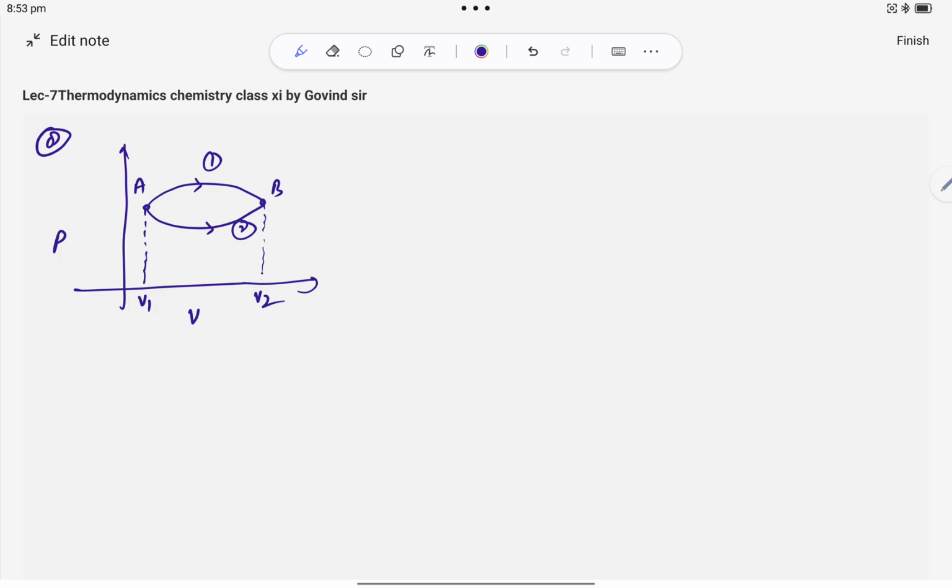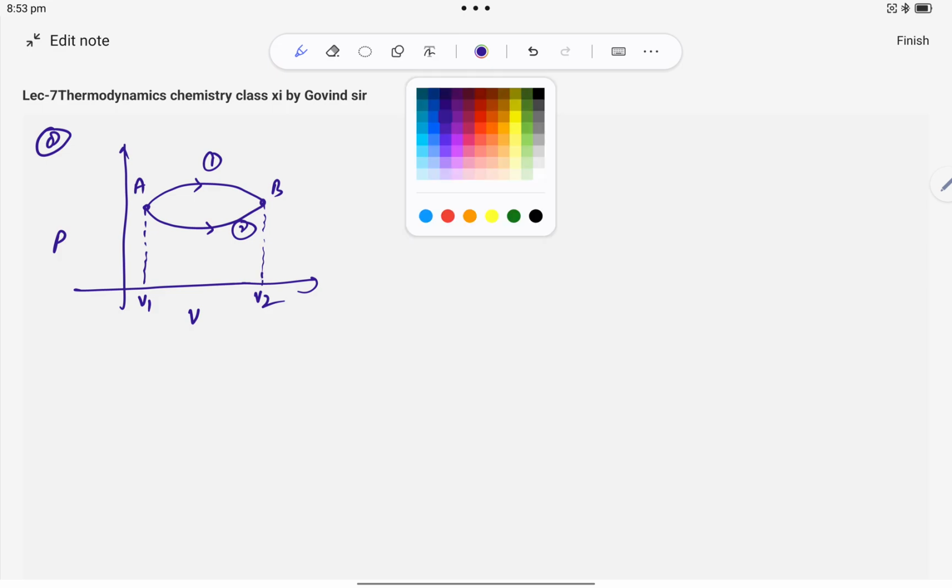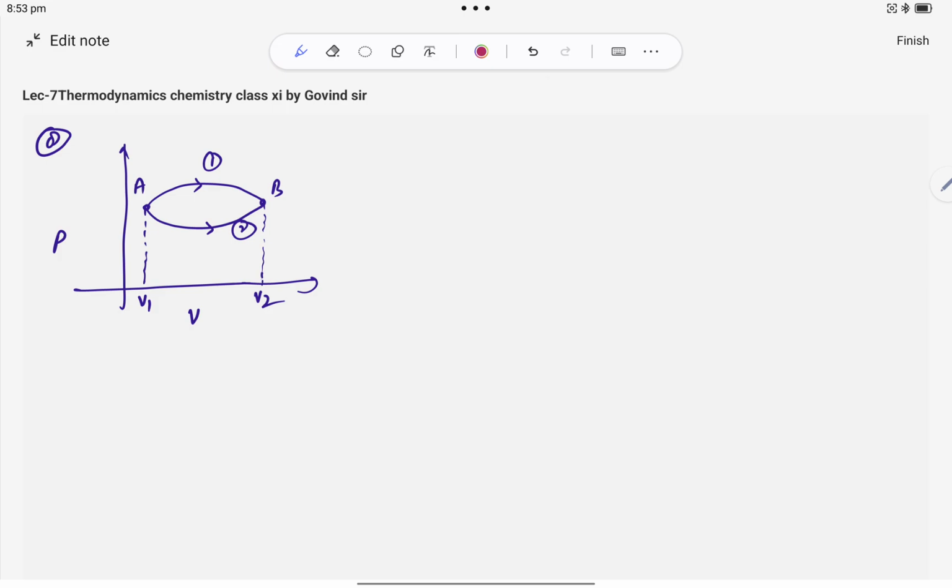The question is, options are given: Q1 is greater than Q2, Q2 is greater than Q1, Q1 is equal to Q2, and the fourth option is none.